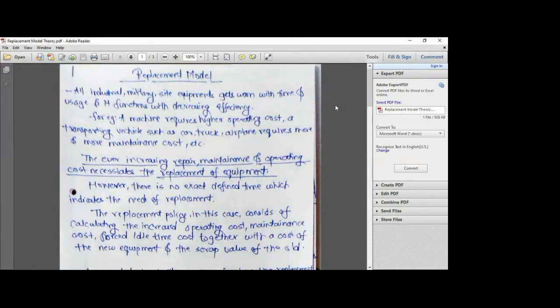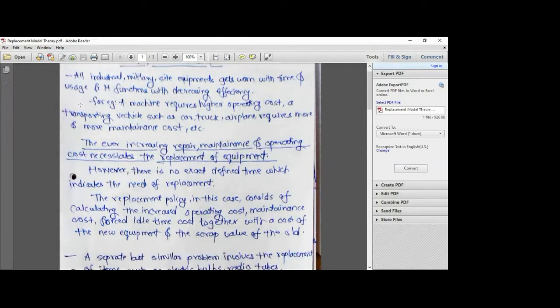This is the normal observation, and it happens all the time because the machines get worn from different uses. The more the usage, after a few years, the efficiency is going to decrease.